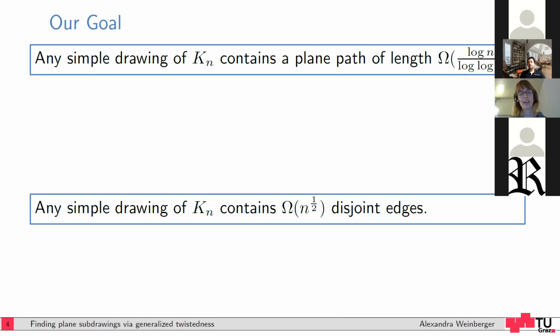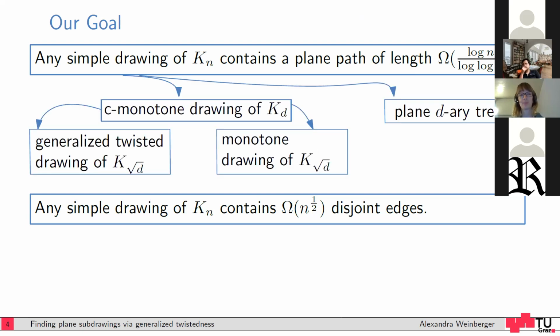Let me give you a short overview of how the proofs work, and don't worry for now about any terms you might not be familiar with. I will define everything in just a moment. I just want to let you know, before we go through all the definitions, why we're actually going to need them.